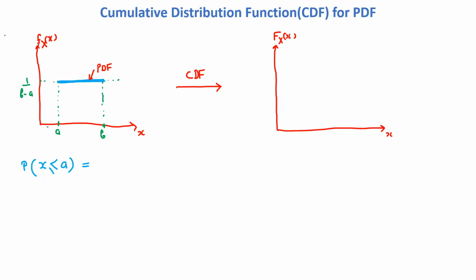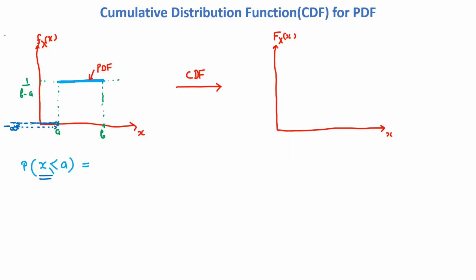We want to calculate the probability when x is less than or equal to a. It means from minus infinity to this a value. How can we calculate this? There is no corresponding data before a, so the corresponding probability would be equal to 0.